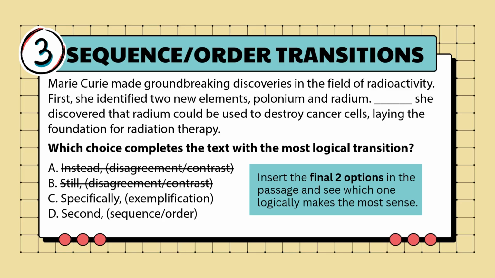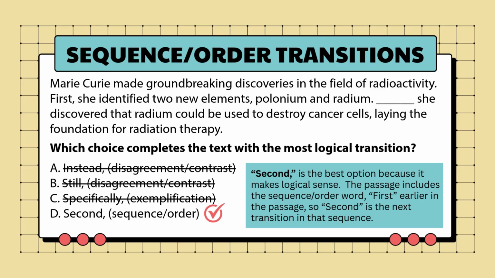The first option, specifically, is suggesting that a specific example is about to be given to back up a claim made earlier in the passage, that Marie Curie made groundbreaking discoveries in the field of radioactivity. This is proving that claim. However, in the sentence before it, we see the sequence order word first. The second option, second, makes more logical sense because there have been sequence order transition words that have come before it. We can't leave first sitting there all by itself, so it's the best option.